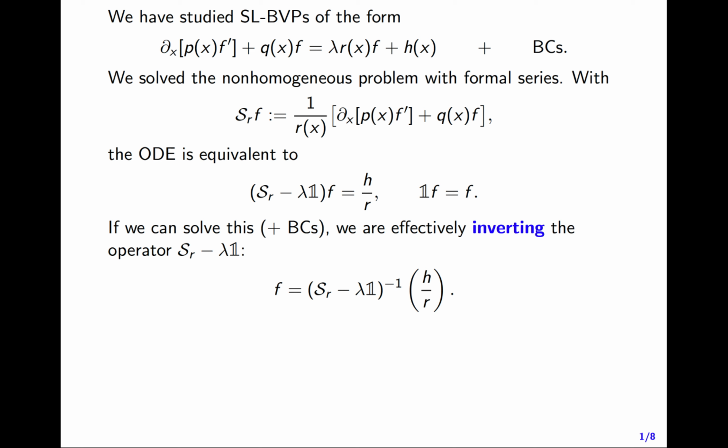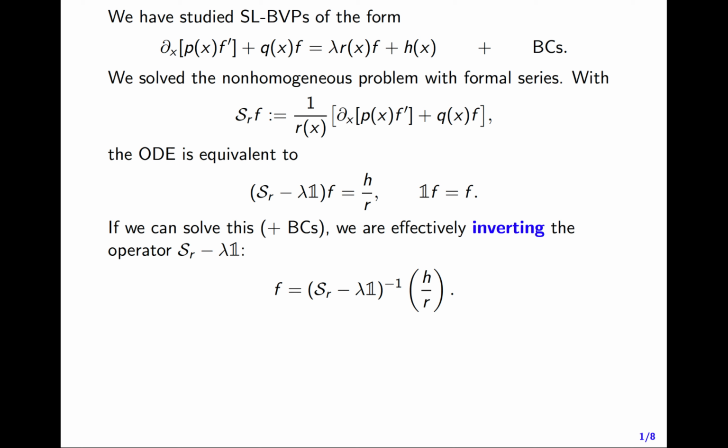So if we're able to solve this equation at the operator theoretic level along with the boundary conditions, we're effectively inverting the operator S_R minus lambda times the identity. That is, we've solved for f equals S_R minus lambda times identity inverse on h divided by r.